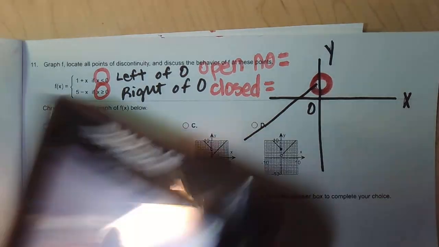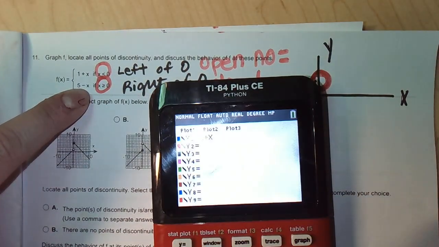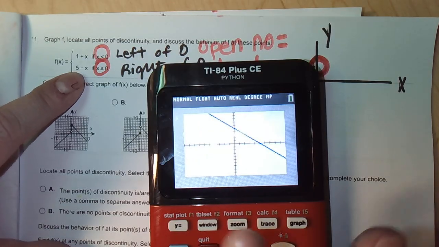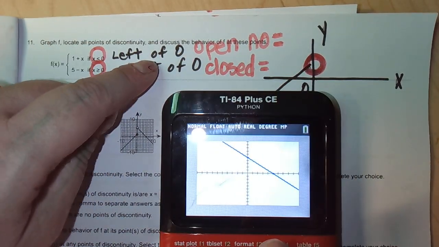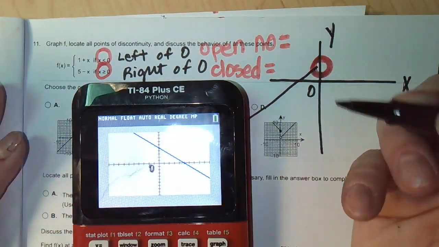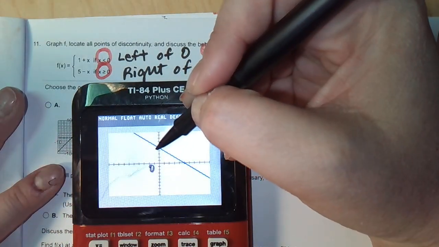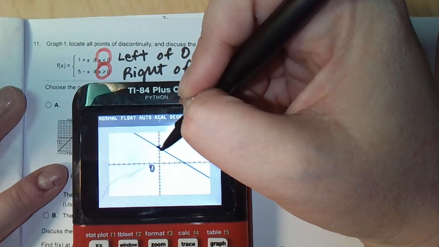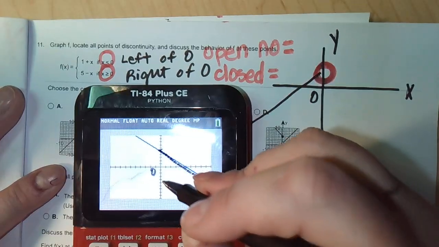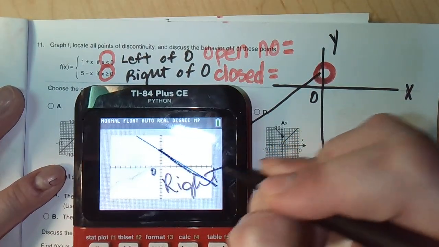Okay, now let's graph this right hand piece. So I'm going to go to y equals, type 5 minus x, go to your graph, and I only want the portion to the right of 0. So 0's right up in the middle, and I only want to look at from here to there, because this is the right side.